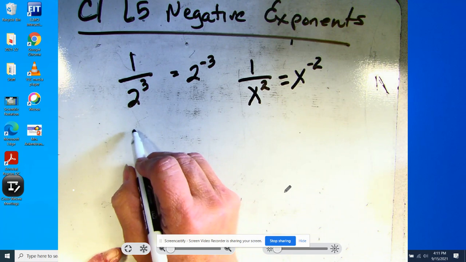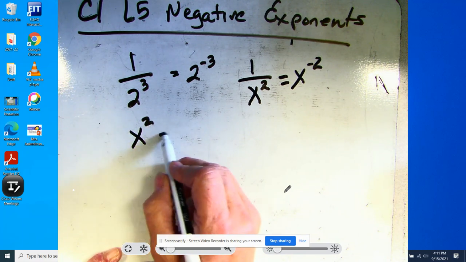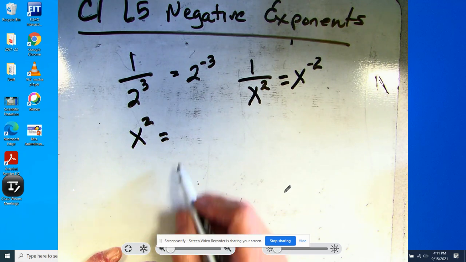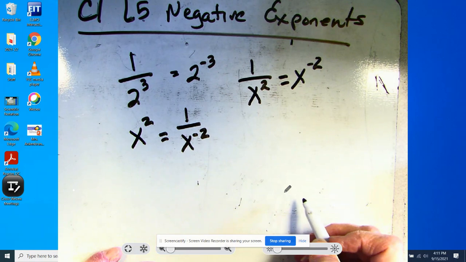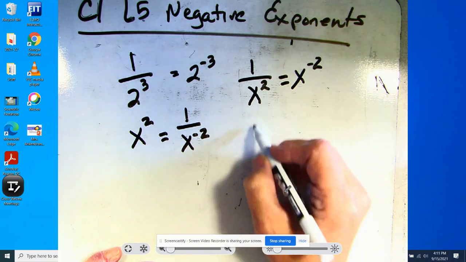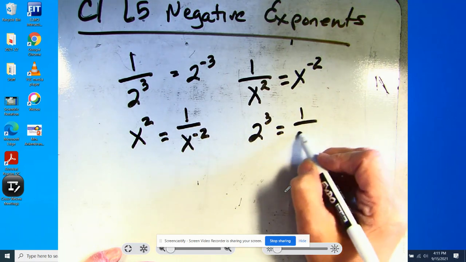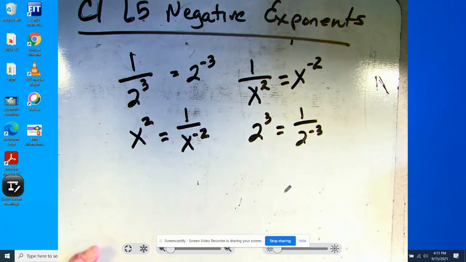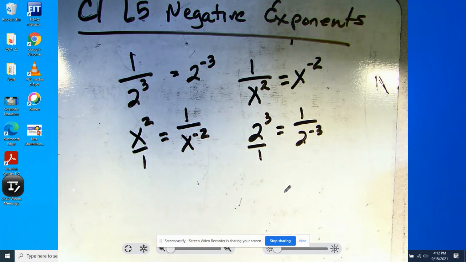What if I gave you x squared and I want you to write it as a negative exponent? You would say 1 over x to the power of negative 2. 2 to the third power as a negative would be 1 over 2 to the negative third power. Again, whenever you change its position on the fraction line, it goes from positive to negative or negative to positive. It changes. Okay?